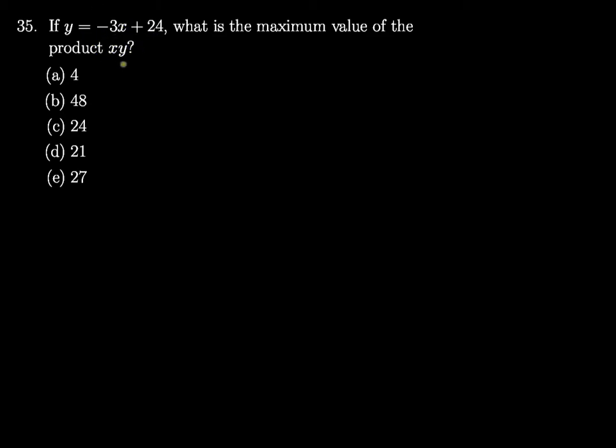So the first thing, I want to get it in terms of one variable. We're trying to optimize this function, so our objective function is what we're going to call it.